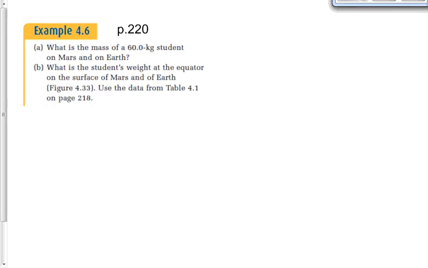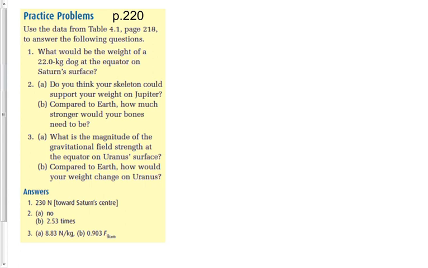All right, let's do just one more example with this topic, okay? So it says, what is the mass of a 60-kilogram student on Mars and the Earth? Sorry, we did this one. Any issues with the questions that we had on page 220 there? No, they're good? Yeah. Number one. Any others?